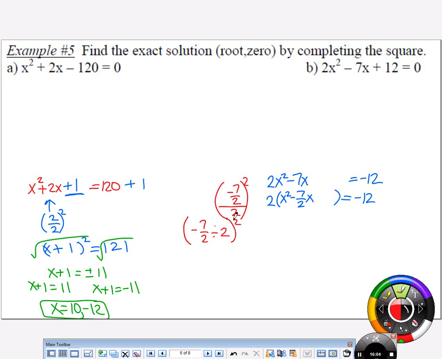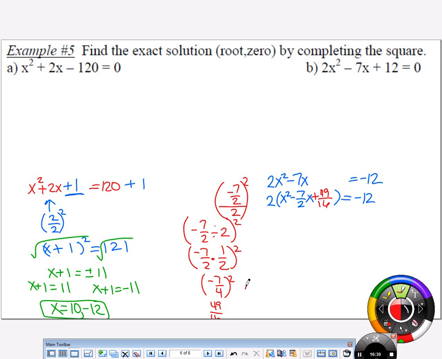So this is like negative 7 over 2 being multiplied by 1/2, and then being squared. So this is negative 7 over 4 being squared, which is 49 over 16. Oops, sorry. 49 over 16 is really ugly.